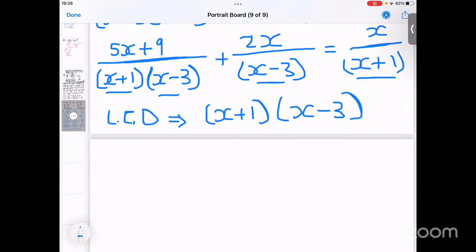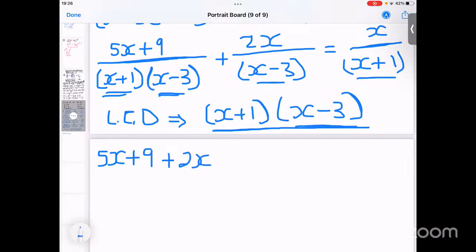when you multiply that first term by the whole of that, that will cancel with that, and then that will cancel with that. So you end up having just your 5x, that you plus it by 9. Obviously plus, so you see now, you end up having that 2x with just x plus 1, because that one cancels with that one.